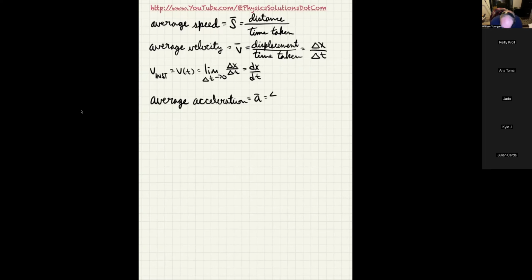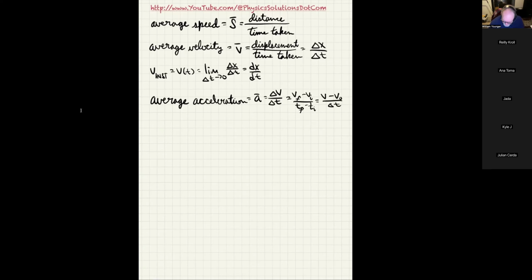So in this case, we'd call it delta v over delta t. Again, that delta means final minus initial. So you could write that as v final minus v initial over t final minus t initial, but normally everybody just calls that thing in the bottom t or delta t. Either one's acceptable. Another way I could write it without any ambiguity is v minus v0 over delta t. That would be accepted as well. But that's what the average acceleration is.